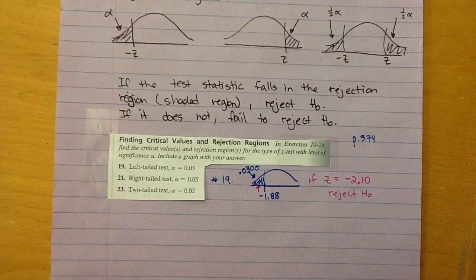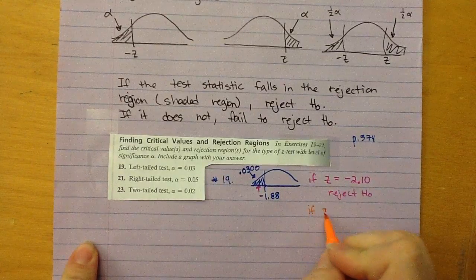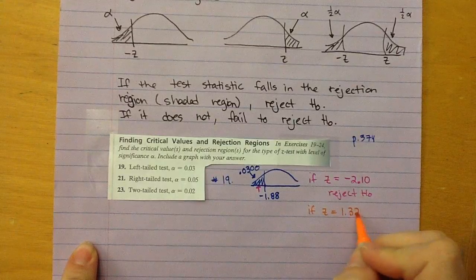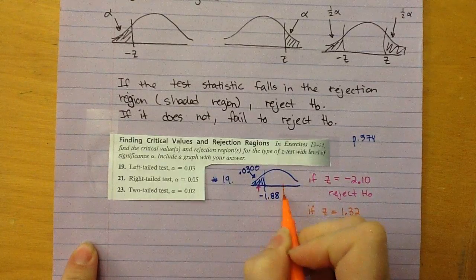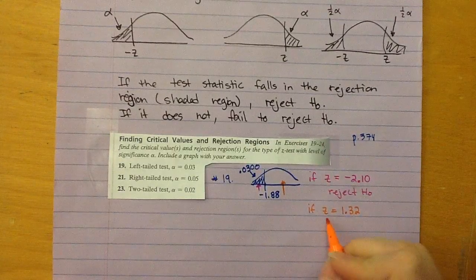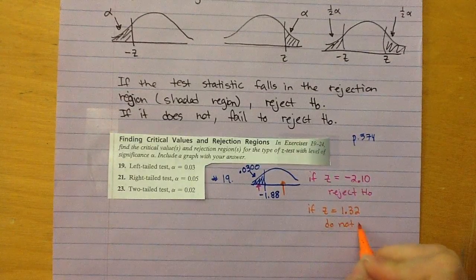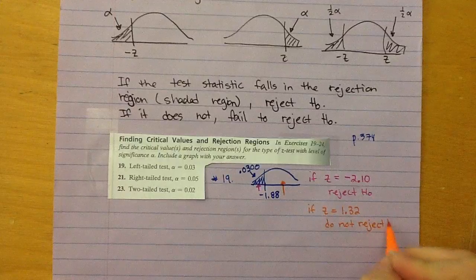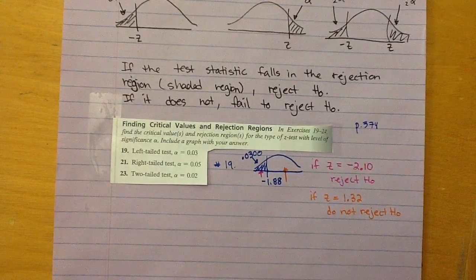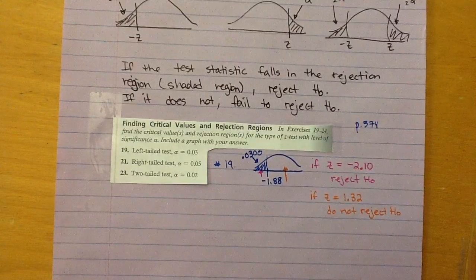But if instead my z-score was 1.32, that would be all the way over here, and then I would not reject H sub 0 because it's in the clear. If it's in the shaded region, we reject. If it's in the clear region, we do not reject.